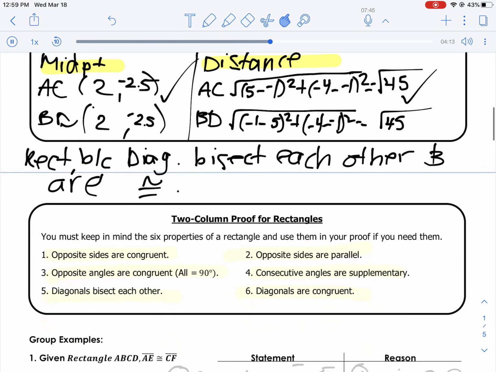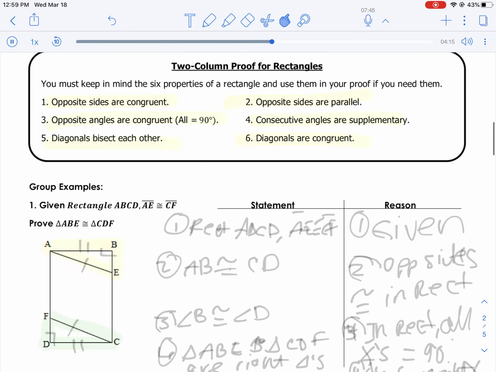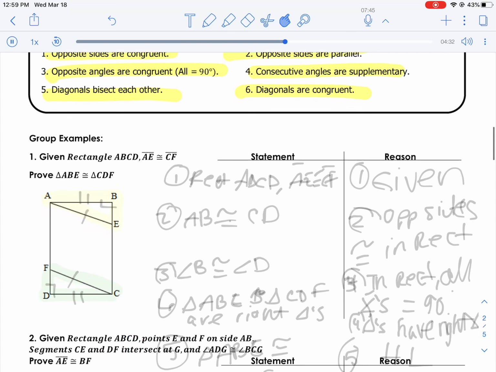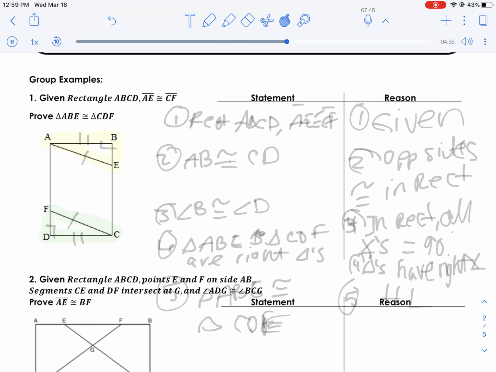For two-column proofs, again, we're going to be using properties of the rectangle to prove what they want us to prove. So again, here are the properties: opposite sides congruent, opposite sides parallel, opposite angles congruent, they all equal 90, consecutive angles are supplementary, diagonals bisect each other, and diagonals are congruent. So using those properties, we're going to prove example 1.